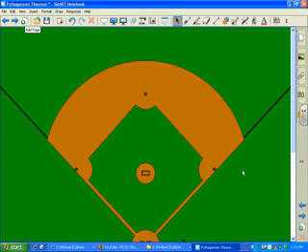Okay, this is your baseball diamond picture. International students sometimes don't know that a baseball field is a diamond. So they're asking a question where they tell you the size of the diamond, the different dimensions, and they want to know what the distance is between first and third base.